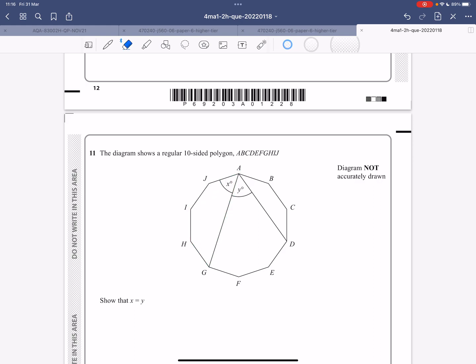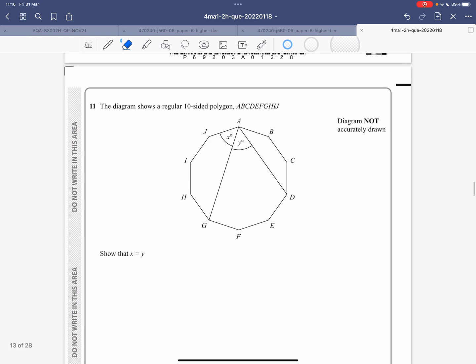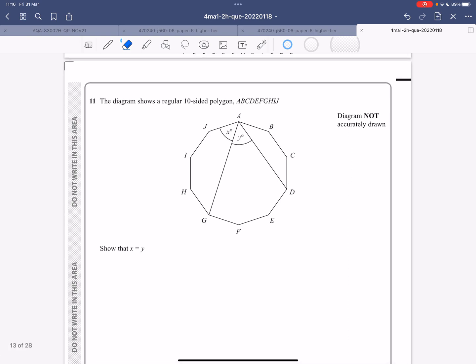Just thinking what to do with this now. This is an interesting one. Show that x is equal to y. Right, okay. So we've got a 10-sided polygon.